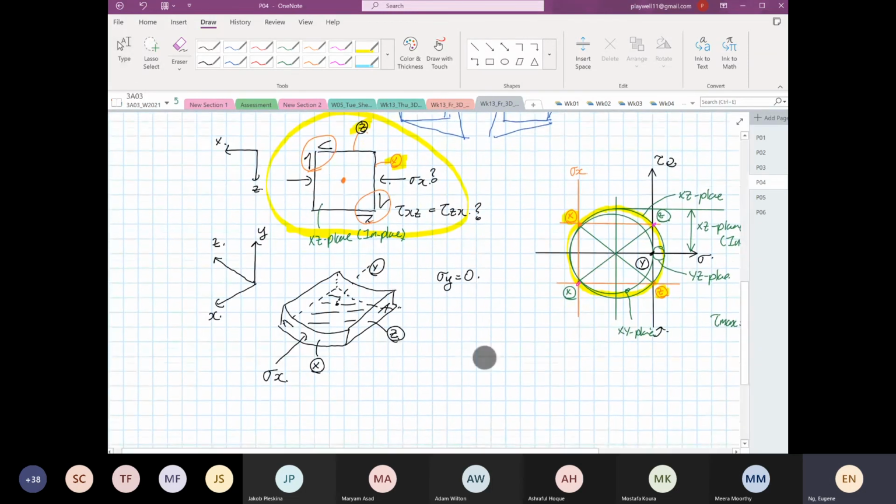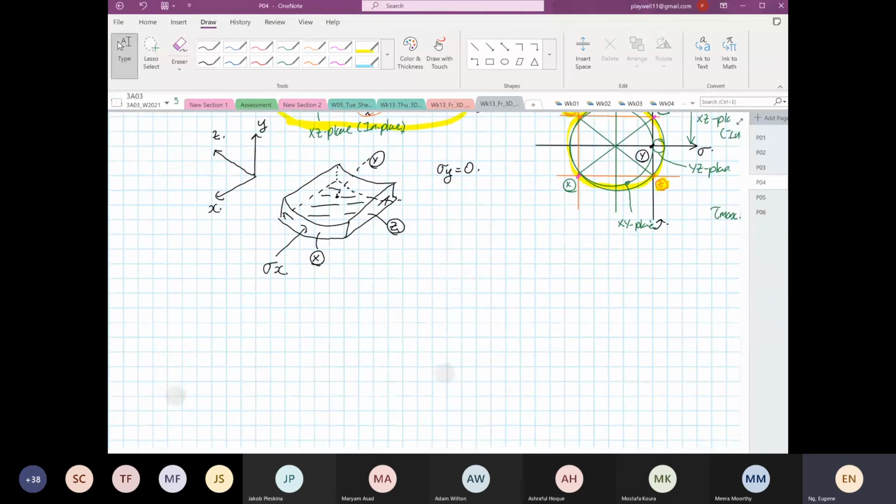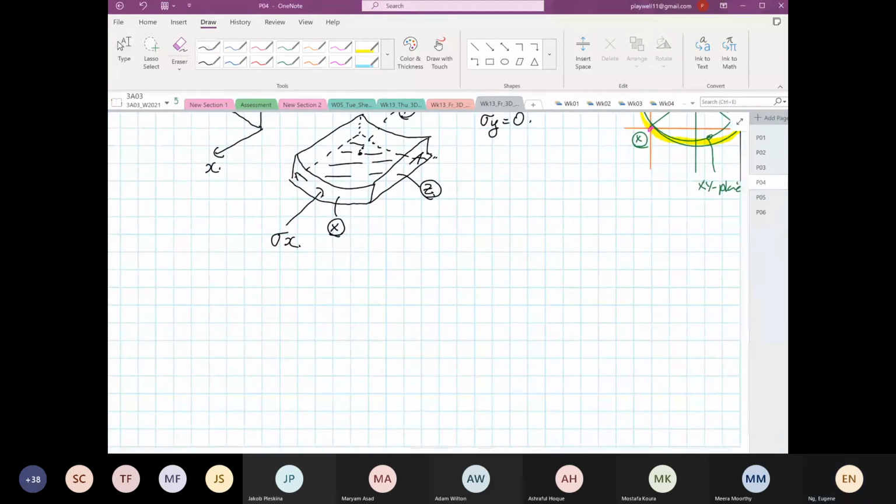So we're going to calculate our stress X first. We're going to determine our stress X value. This is the simple part.